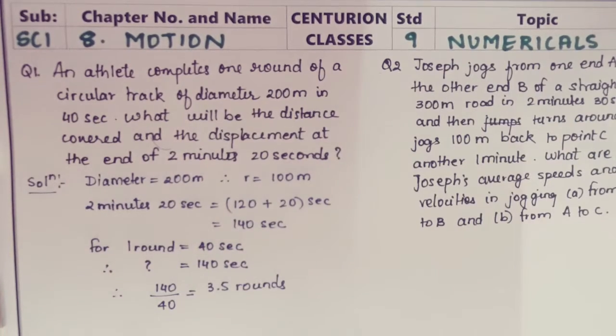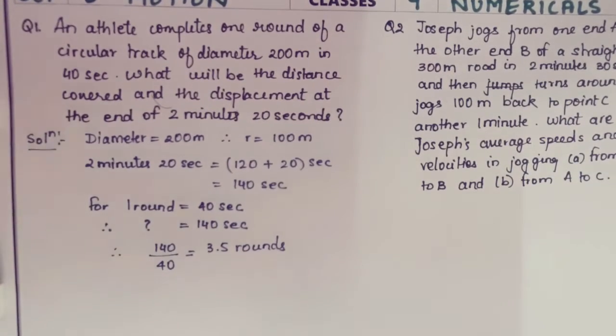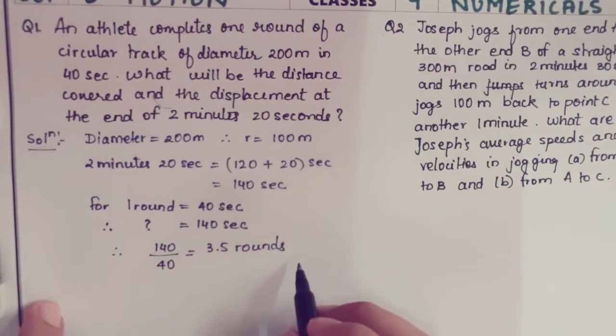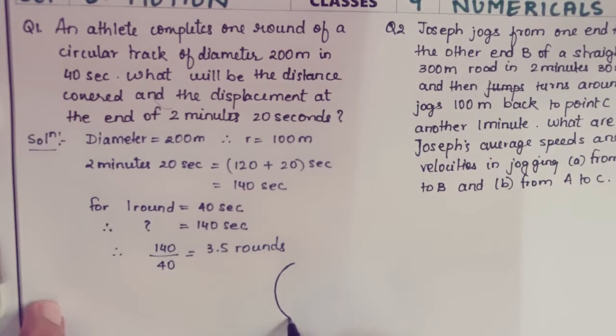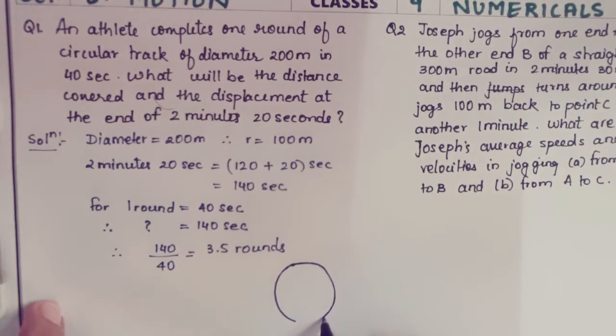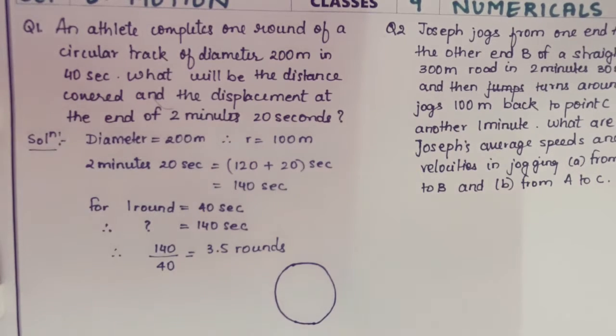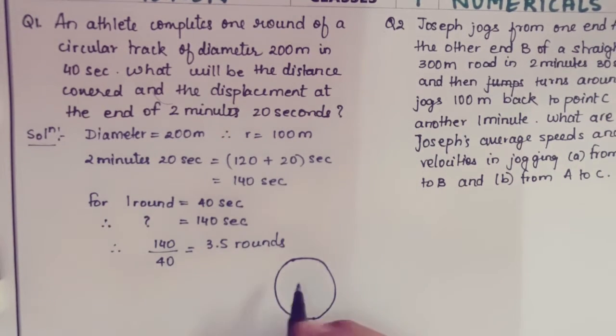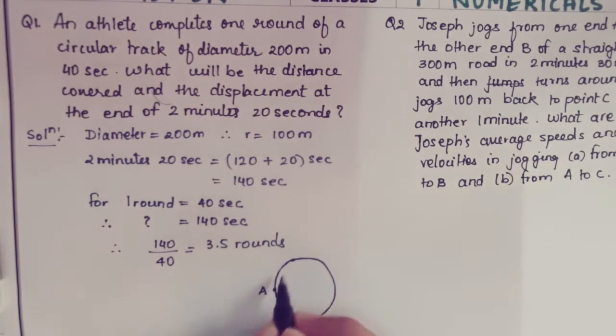So we'll make a circle now. It is a circular track. Let this be starting point A. Now the distance traveled is nothing but the circumference of the circle, because an athlete is running on the edge, you can say.